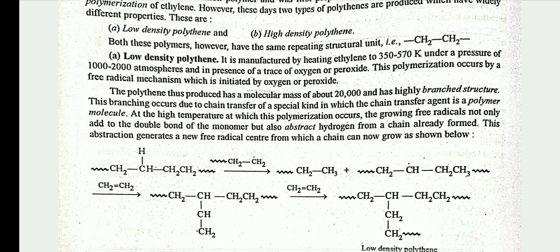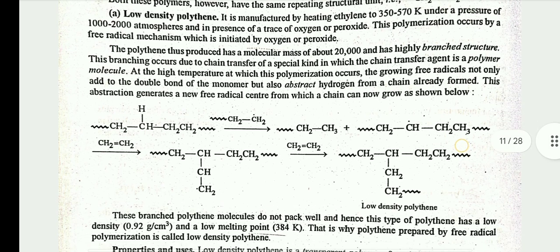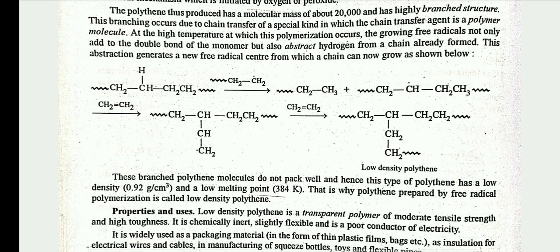This abstraction generates a new free radical center from which a chain can now grow as shown below. These branched polythene molecules do not pack well and hence this type of polythene has a low density, 0.92 gram per centimeter cube, and a low melting point, 384 Kelvin. That is why polythene prepared by free radical polymerization is called low density polythene.